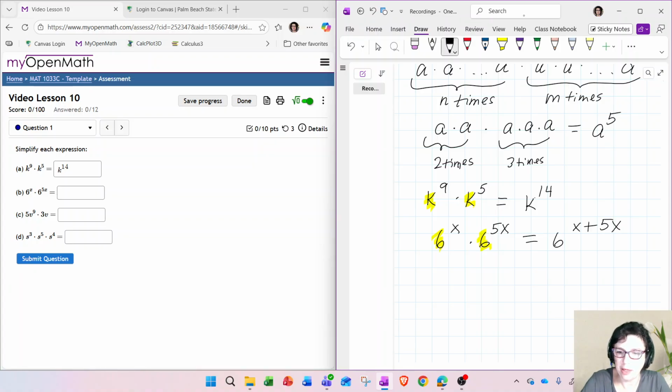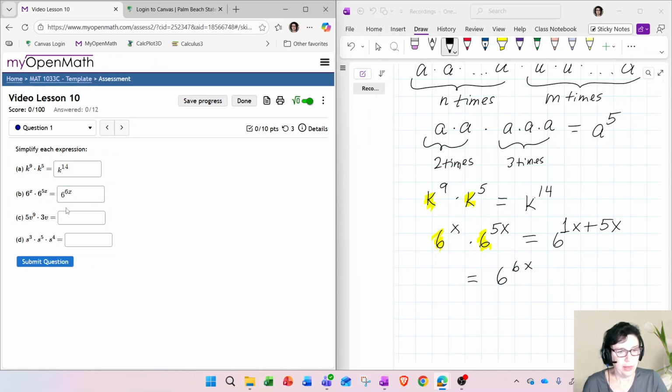Think about x as 1x, right? A car is one car. And when you are adding like terms, what you do is forget about the x, just add the numbers. 1 plus 5, that's 6, and then multiply that by x. So this total is going to be 6 to the power 6x.